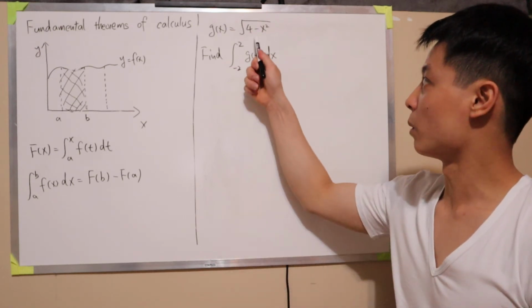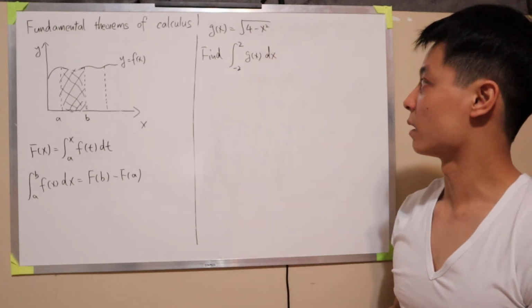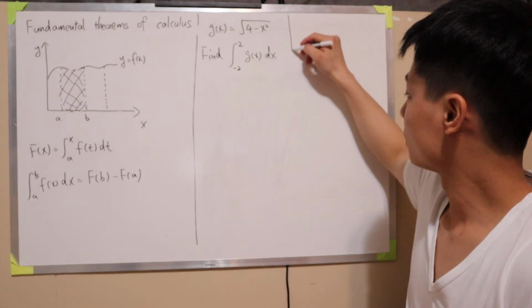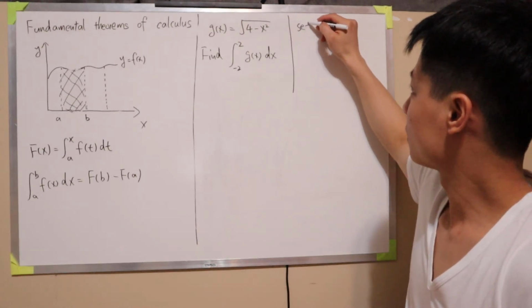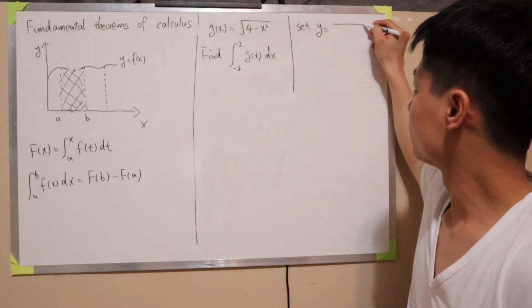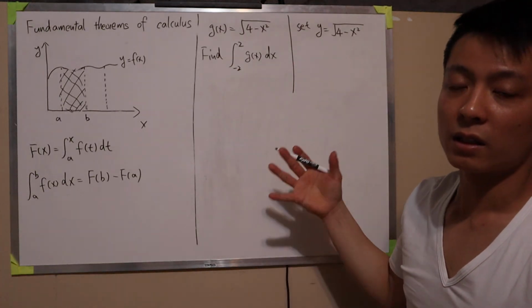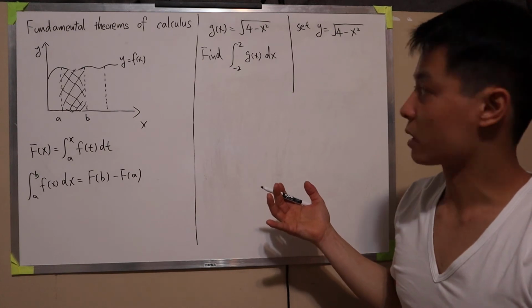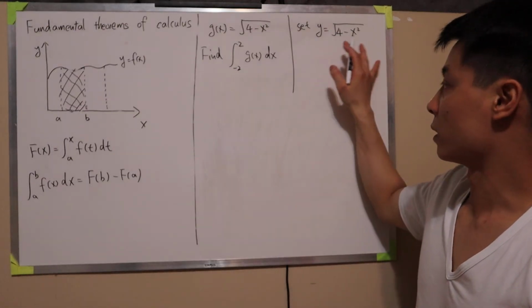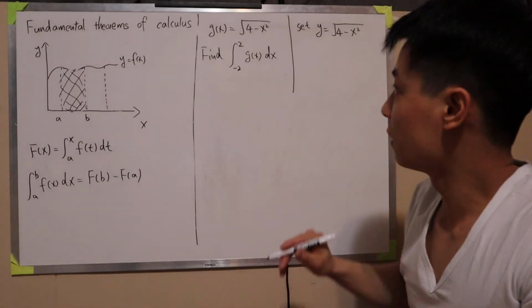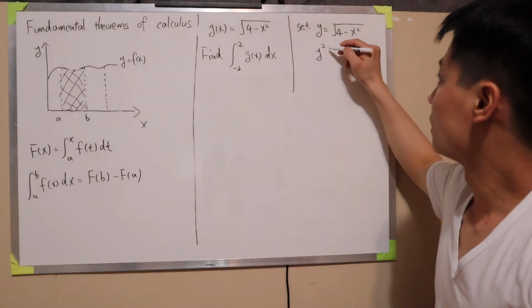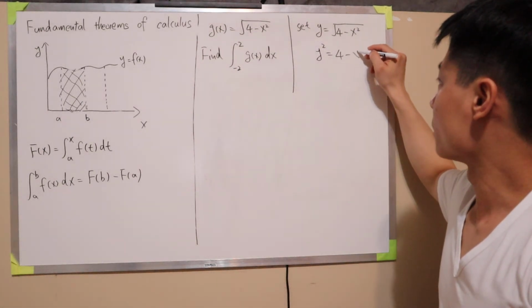So actually, what is this curve? If you set y equal to the square root of 4 minus x squared, and then you square both sides to get rid of the square root, you're gonna have y squared equal to 4 minus x squared, right?